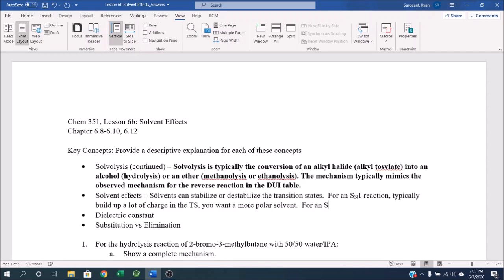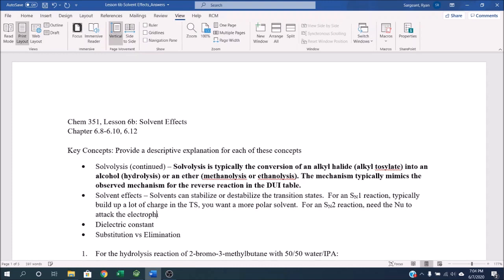For an SN2 reaction, you need the nucleophile to attack the electrophile during the rate determining step. And so you want to avoid a solvent that sticks too tightly or gums up your nucleophile.